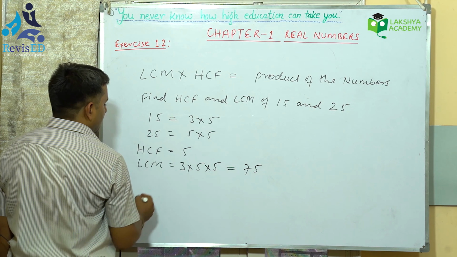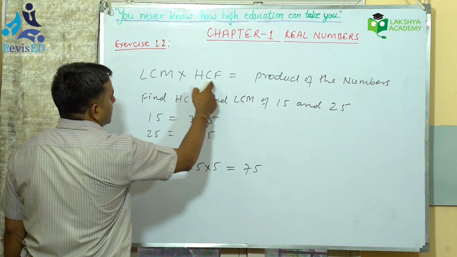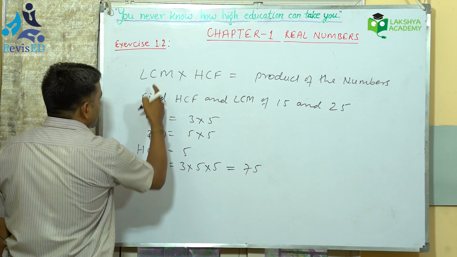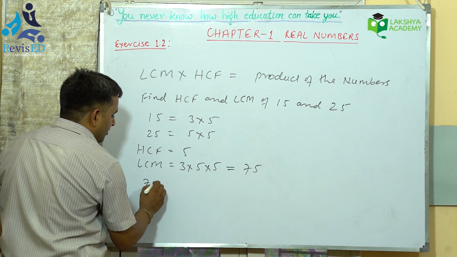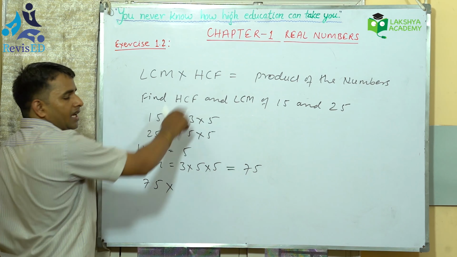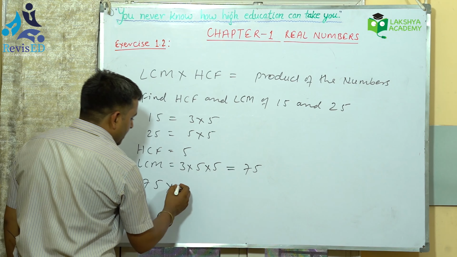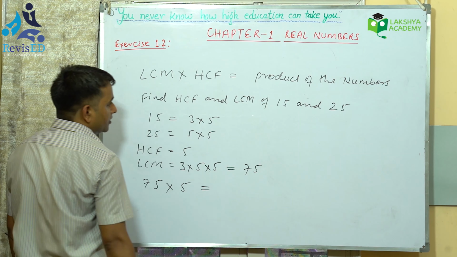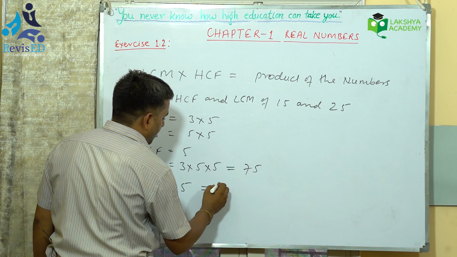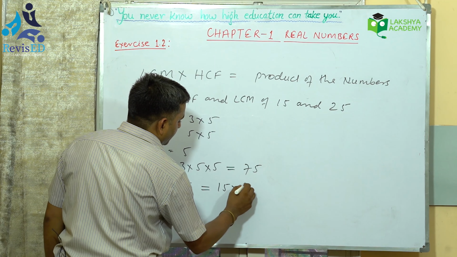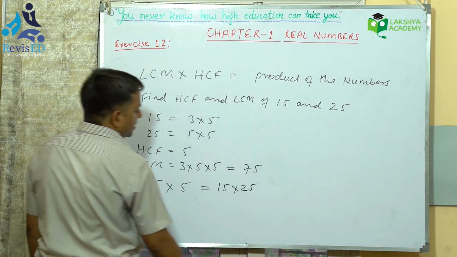Now we will verify the relation that LCM into HCF is equal to the product of the numbers. The LCM is 75, write down 75 into HCF. The HCF is 5, equals the product of the numbers, 15 and 25.